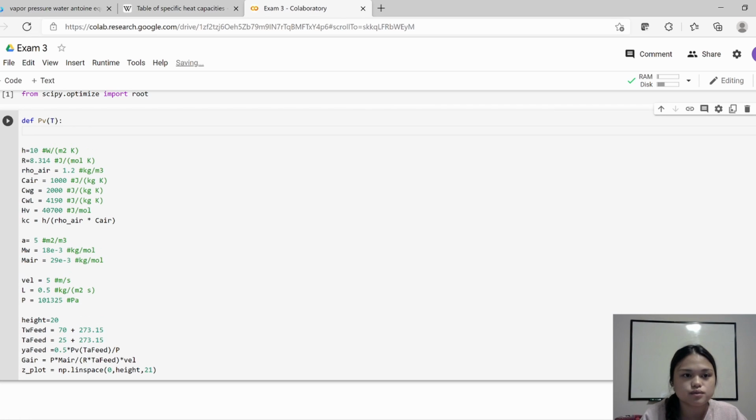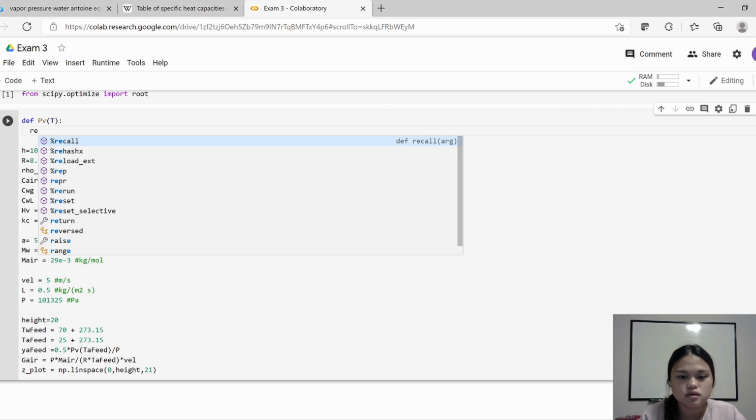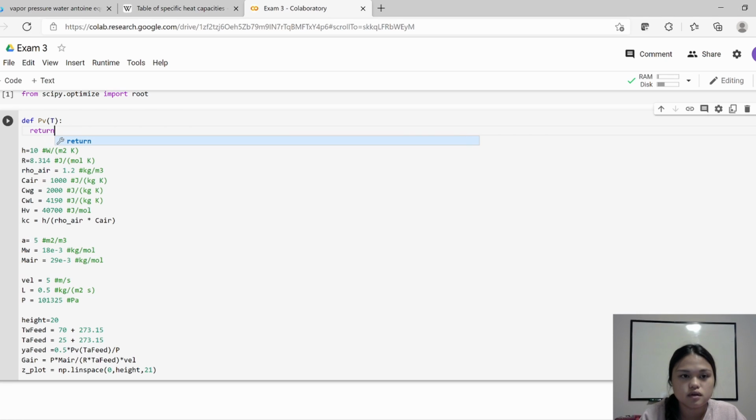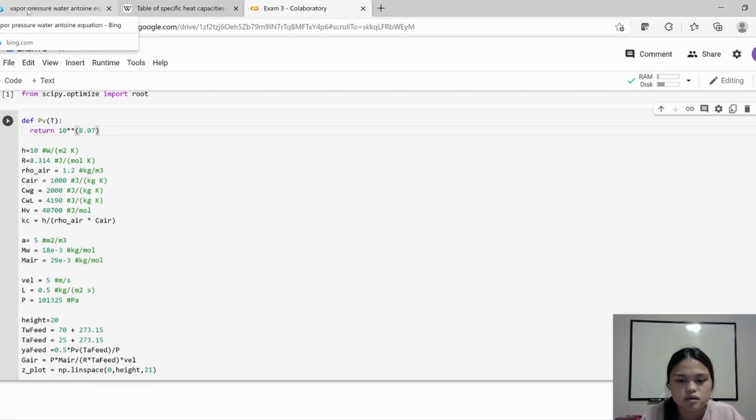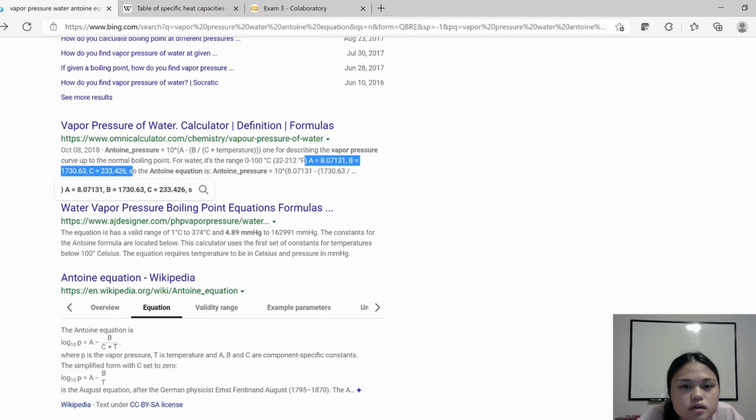And then I want to return the solution from the Antoine equation. It's going to be 10 to the power, so we can get rid of that log base. We're going to start with that A, which is 8.07131, I believe.